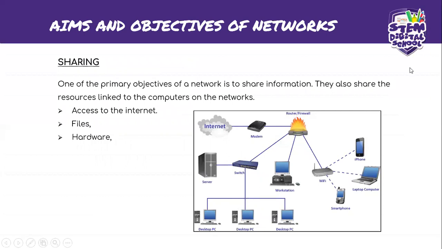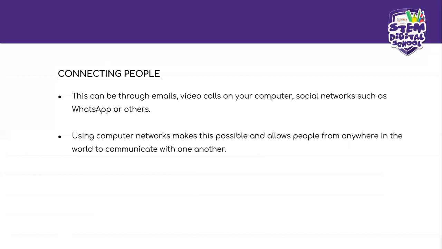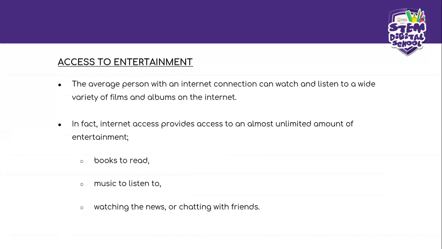So the first aim and objective of a network is sharing. The second one, organizing information. The third, connecting people. Fourth, access to entertainment. I guess this is the last aim and objective for today, but you can add more if you have.